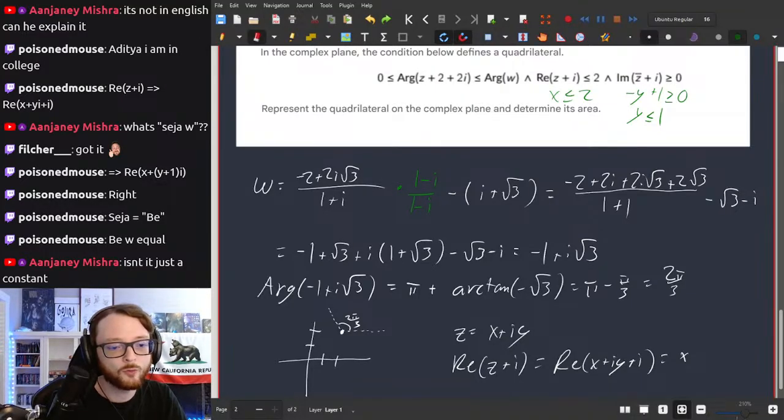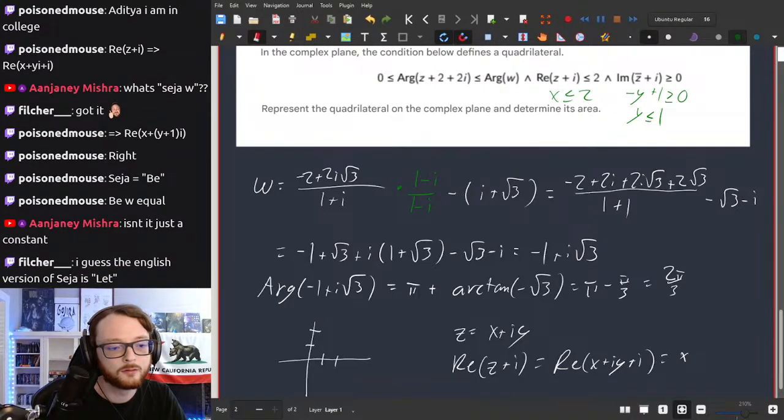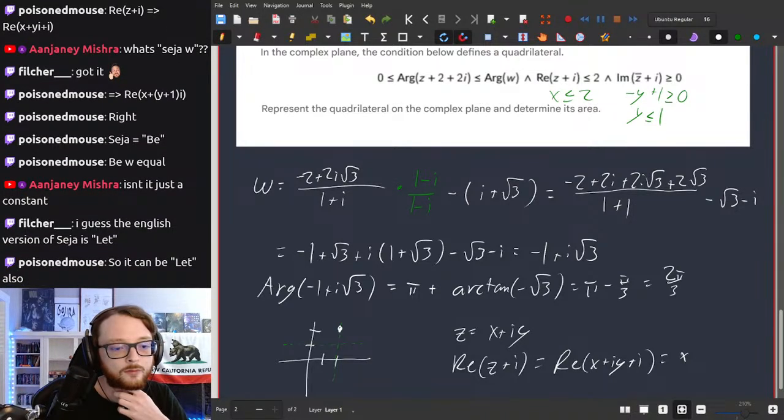So is this oriented the wrong way? Yeah, that's probably a good translation. How do we make these conditions? The second two conditions tell us to be in this region, but the first condition tells us to start from up here. How does that make sense?